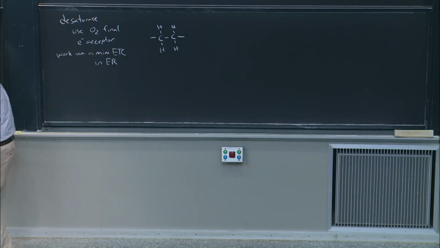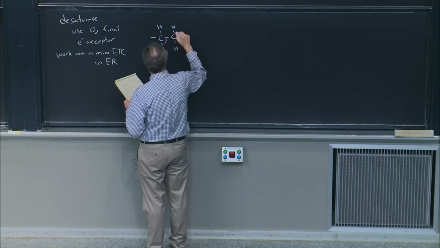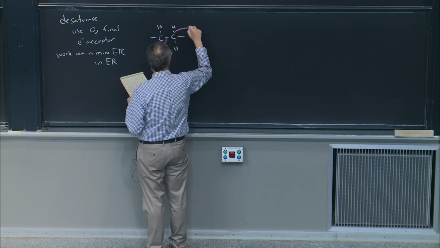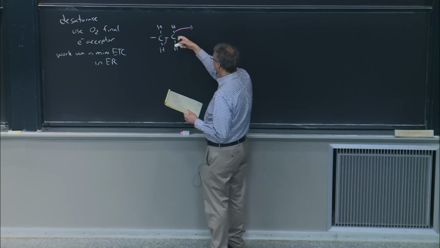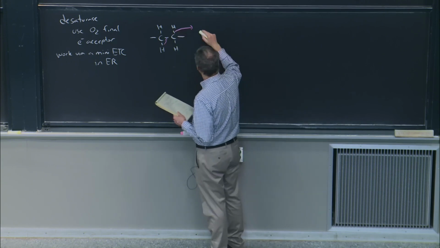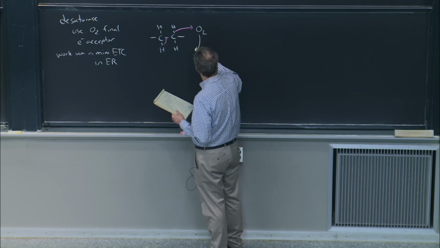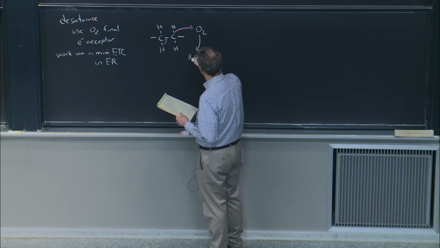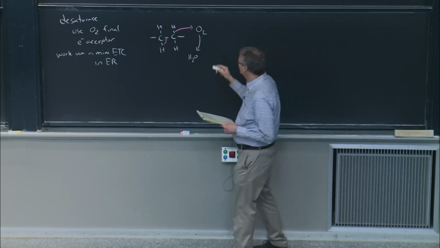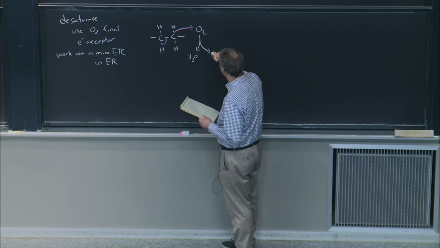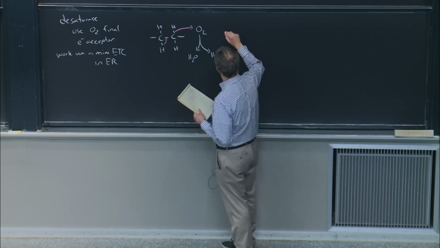And so what is that? Well, it's basically this reaction. Rather than just removing this as a hydride ion, those electrons go to oxygen, which of course will generate one water molecule, but there are two oxygens there, so you need to generate a second water molecule. Those electrons have to come from somewhere else, and those electrons come from this little mini electron transport chain.